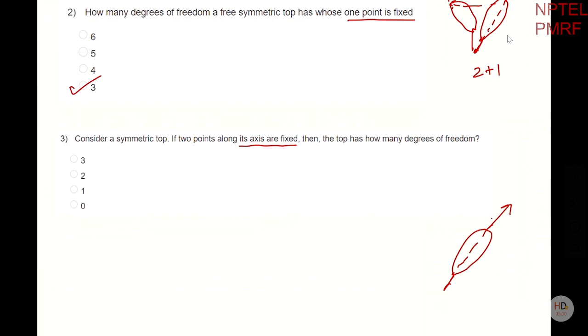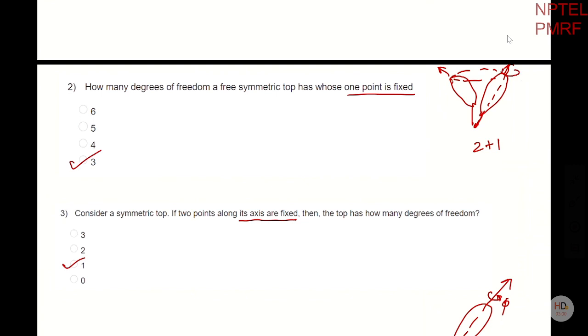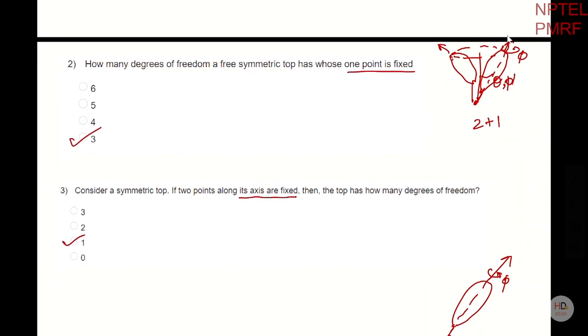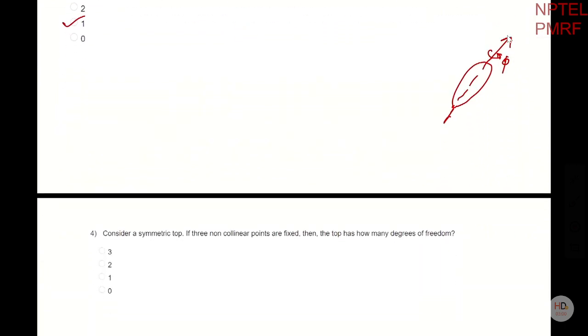So the only freedom is by how much angle you can choose. So you just have 1 degree of freedom, which is this phi, right? In this case, we had phi and we had this theta and phi prime for the axis.